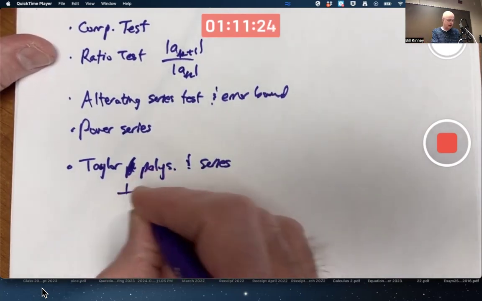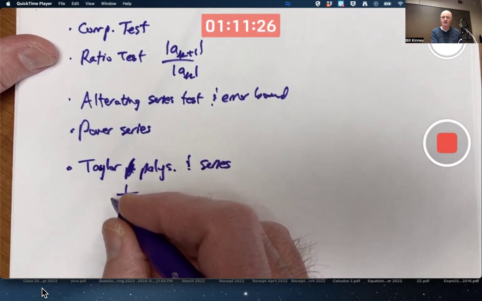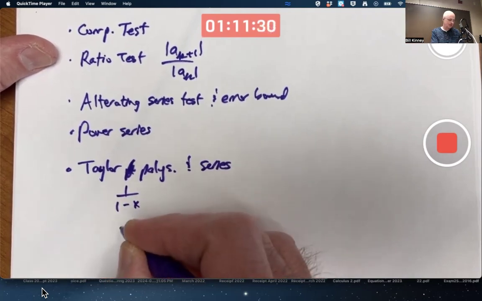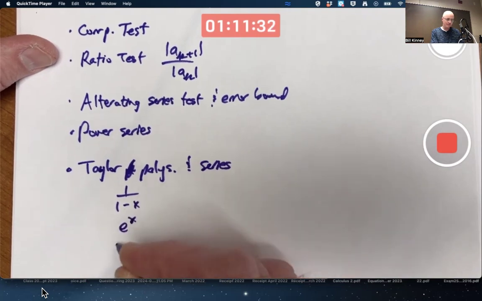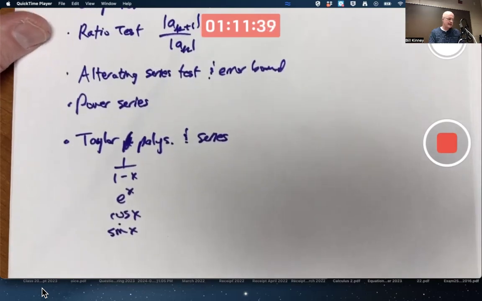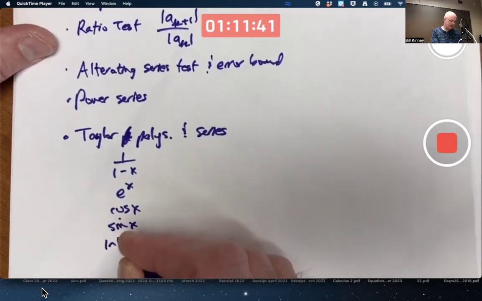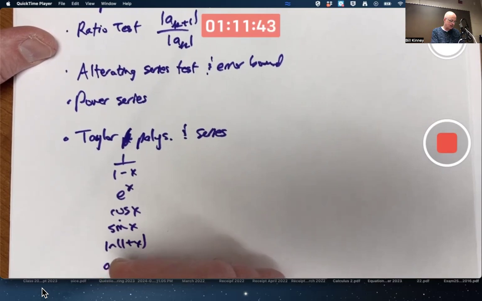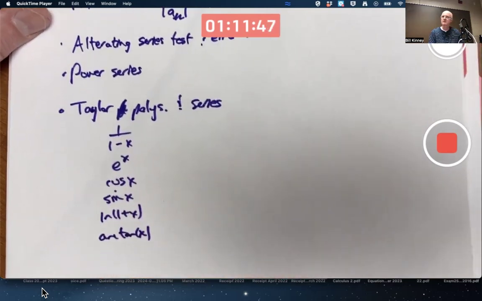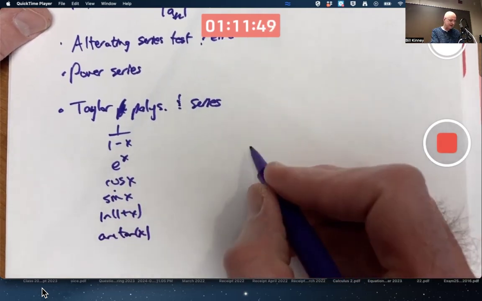And in particular, you should make sure on your note card that you have the series for 1 over 1 minus x, for e to the x, for cos x, for sine x, maybe even for ln of 1 plus x and arctangent of x. We derived all those. Probably not for something like this.